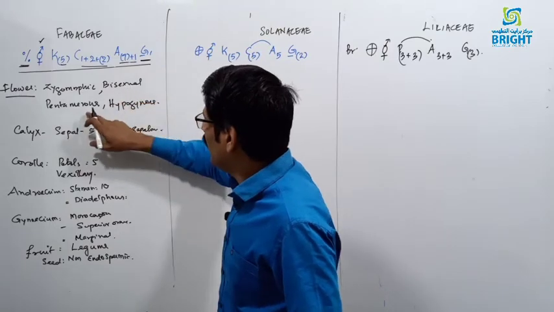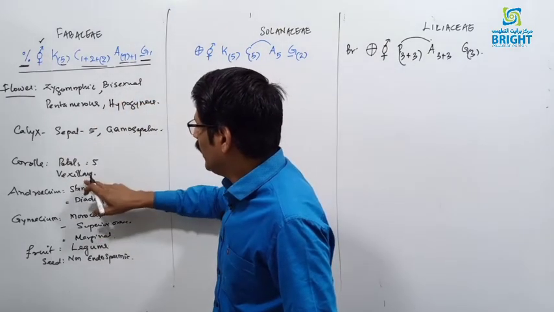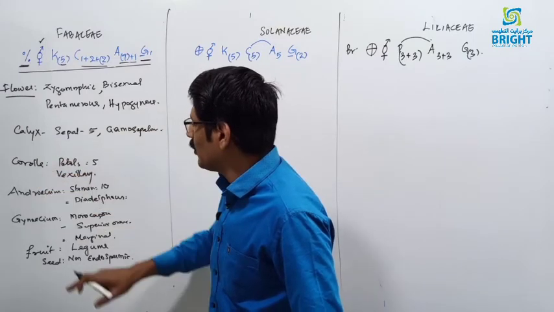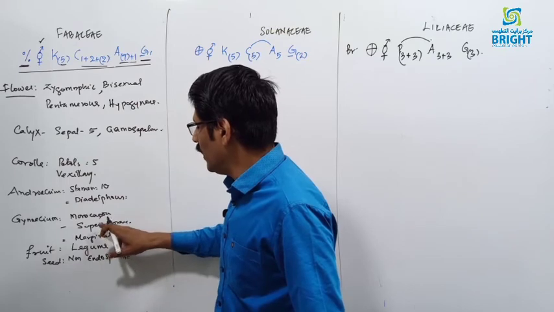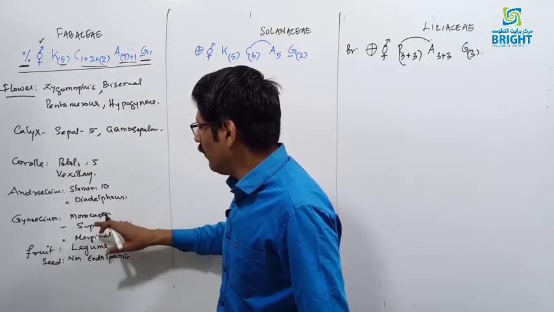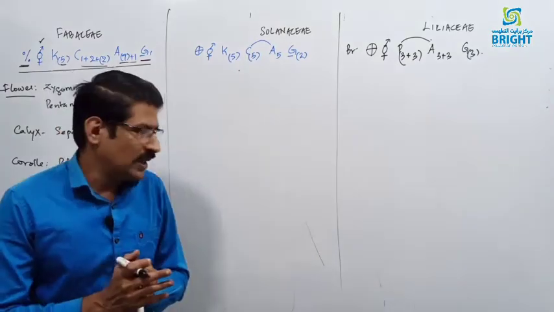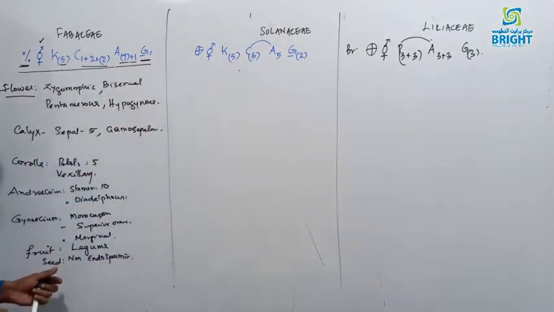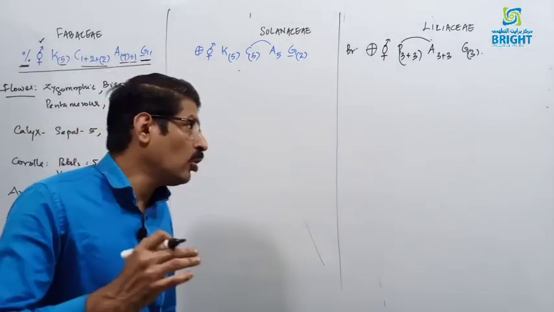Zygomorphic, bisexual, pentamerous, hypogynous flower, gamosepalous calyx, vexillary polypetalous corolla, diadelphous androecium, superior monocarpellary ovary with many ovules and marginal placentation. And the fruit is legume, and that's why the family is commonly called the Leguminosae family.